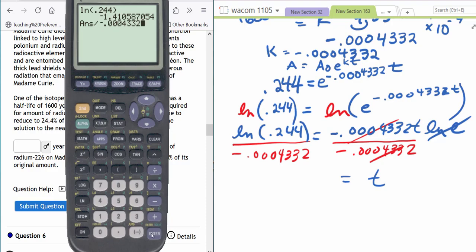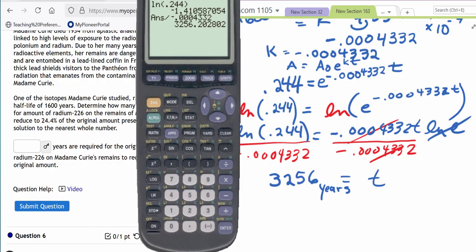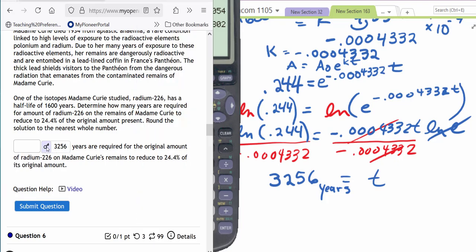Enter. Right, and we're getting 3,256.2, and I think they said round to the nearest whole year. So 3,256.2 is not enough. So this would be years, and we'll just double check. And there we go. So that is our problem.